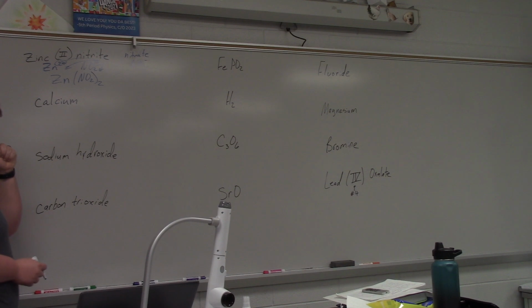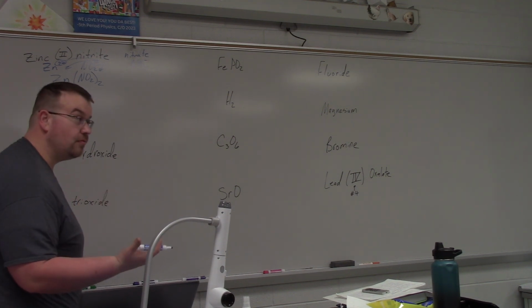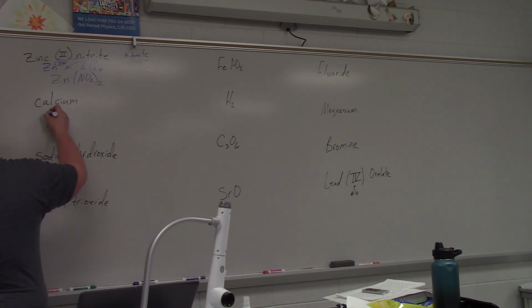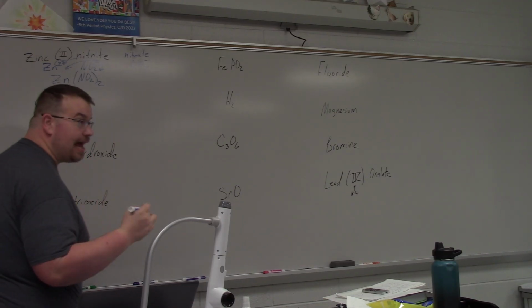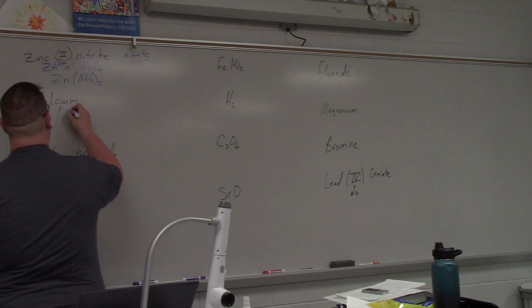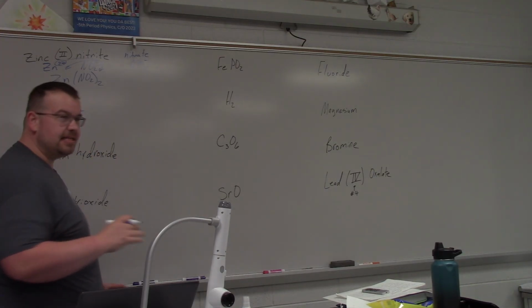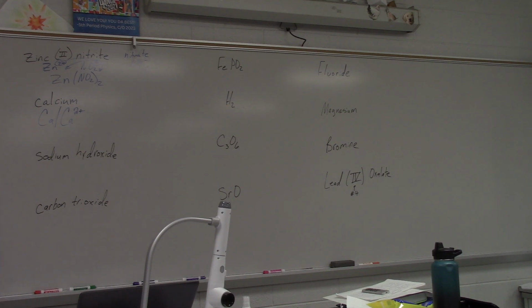Next one. I give you calcium. This is a trick. The reason this is a trick is calcium can be the element, so Ca, but it also can be the cation. We're not really sure, so Ca2+. I want to clarify this to you.